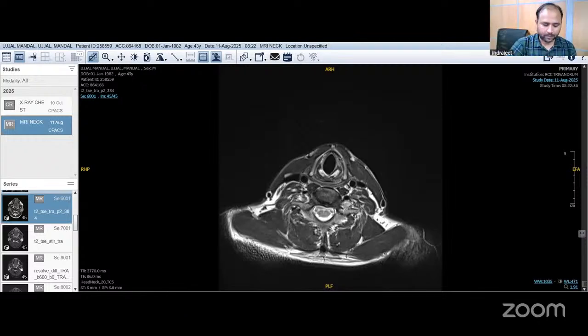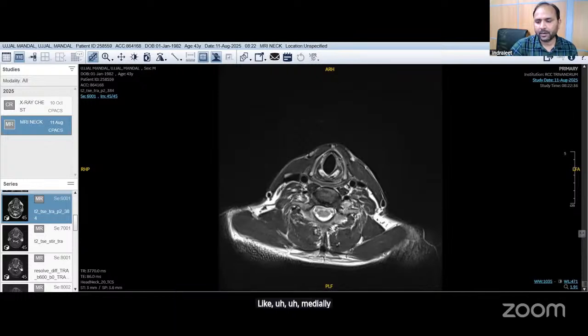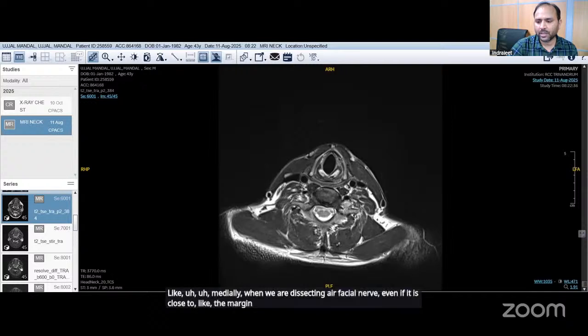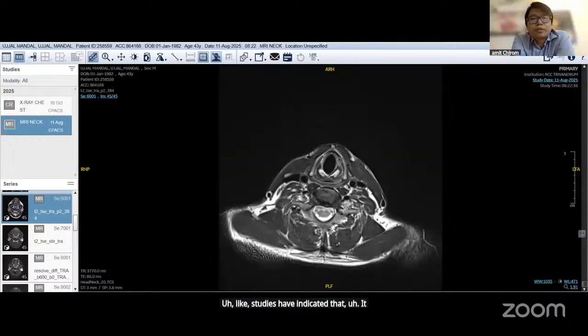Sir, in benign lesions, margin will not be an issue, but if it is low grade carcinoma, sir, medially when we are dissecting a facial nerve, even if the margin is close there, studies have indicated that... Is there any study which has looked into the margin of parotid or salivary gland tumor?